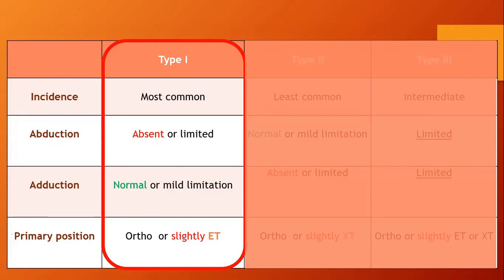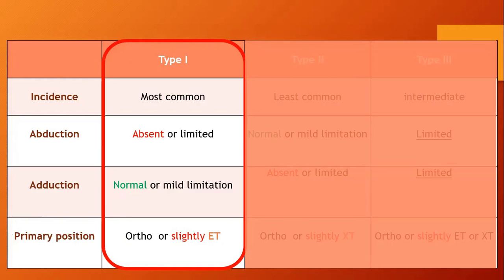I found the words mild limitation confusing, so you will see that I omit this mild limitation. Simply, you can say in type 1, the adduction is normal and the abduction is affected or limited. Try to simplify the information, because we have a lot of information you have to know. It's not bad to simplify. So type 1, adduction is normal, abduction is affected.